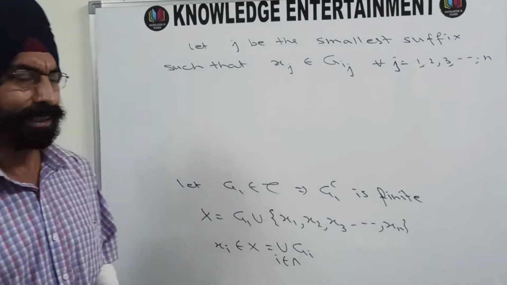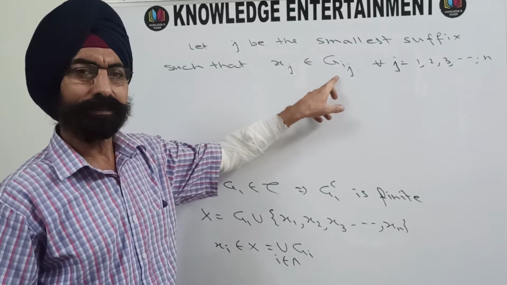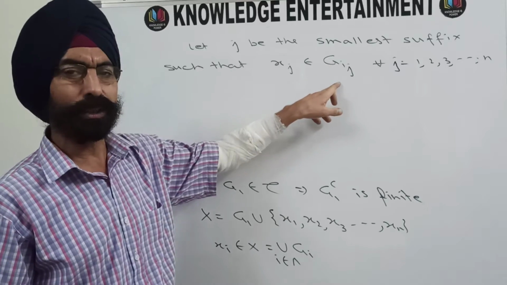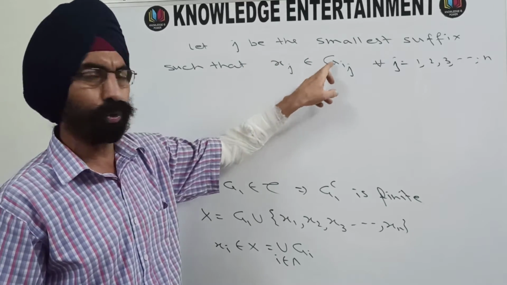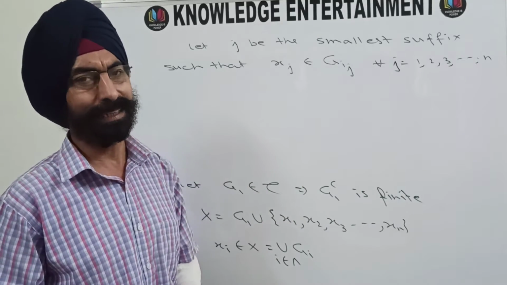That means your x1 belongs to Gi1, your x2 belongs to Gi2, your x3 belongs to Gi3, and so on. Your xn belongs to Gin.